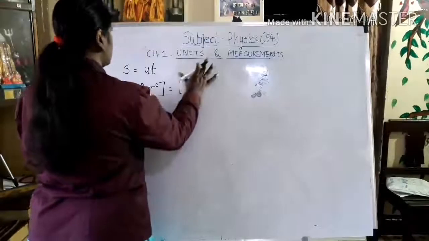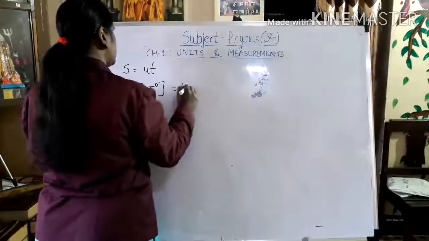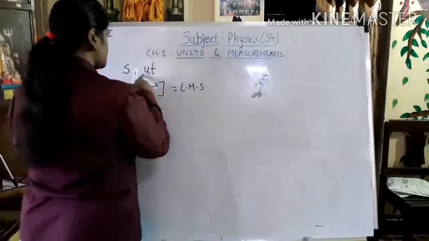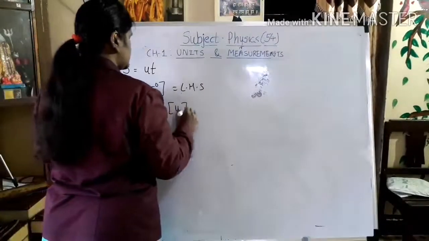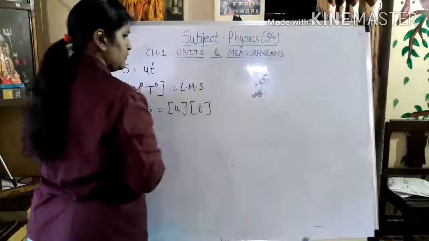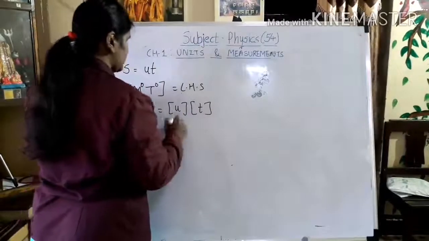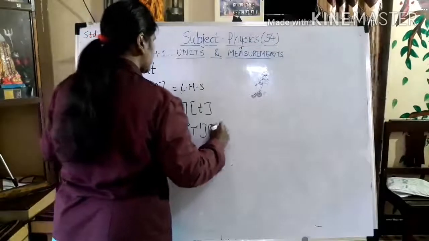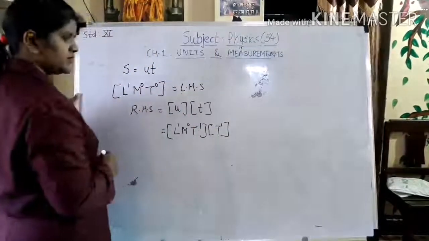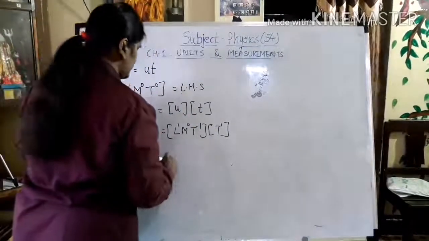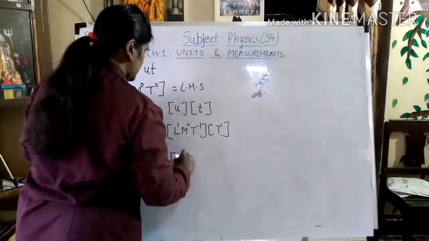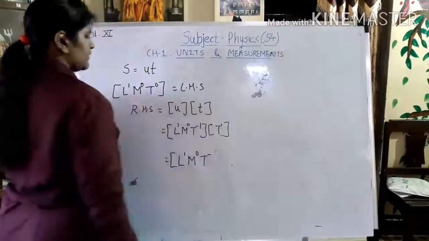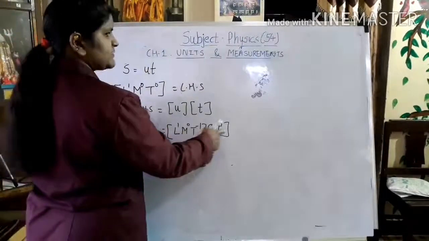U is nothing but velocity. So this, we consider as LHS, and we will find out RHS. What is RHS? Dimensions for U into dimensions for T. U is nothing but velocity, so it will be this into this. Am I right? Yes. So if I combine both of them, I will get L1 M0 T raised to, what will happen? -1 plus 1.